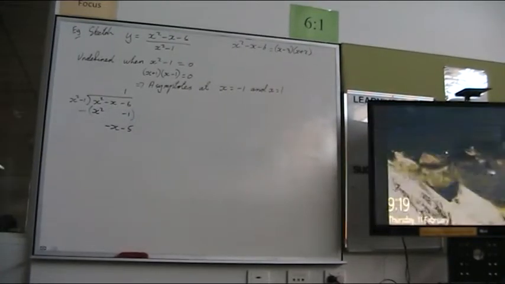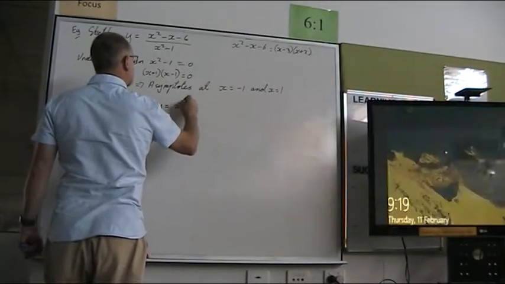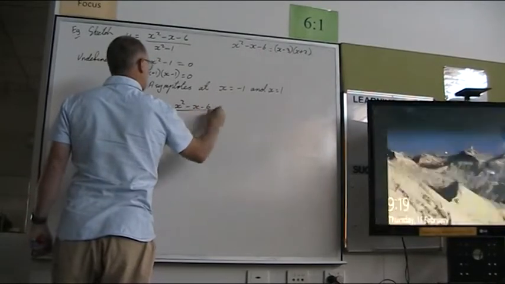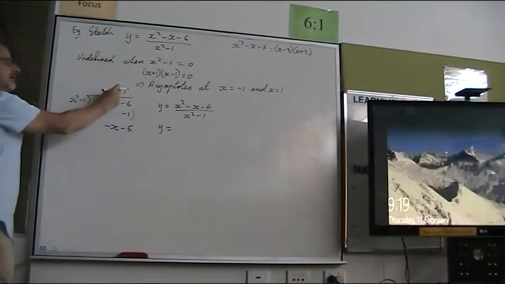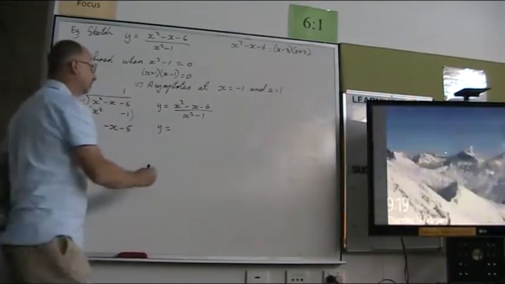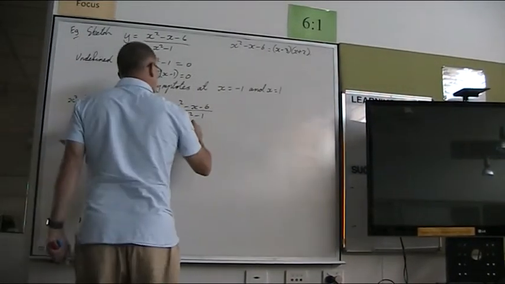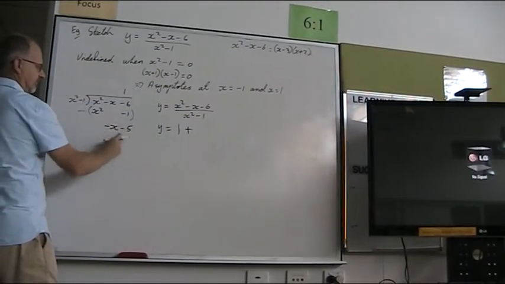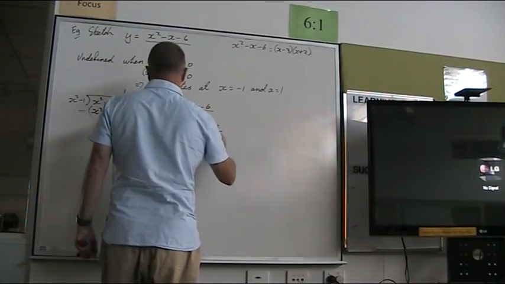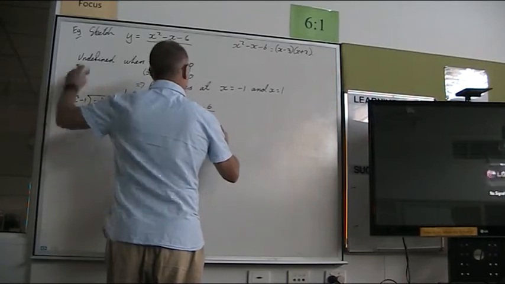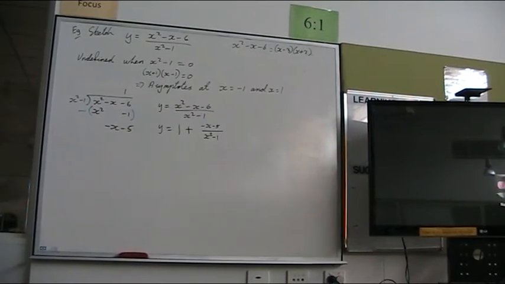So what does that mean? That means that y equals x squared minus x minus 6 over x squared minus 1 can also be written as 1 plus this stuff over what our denominator can be written as.